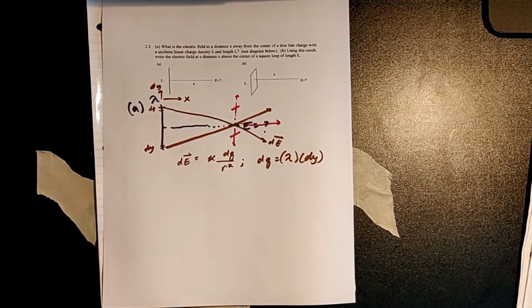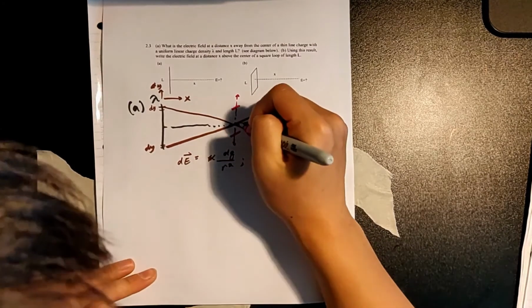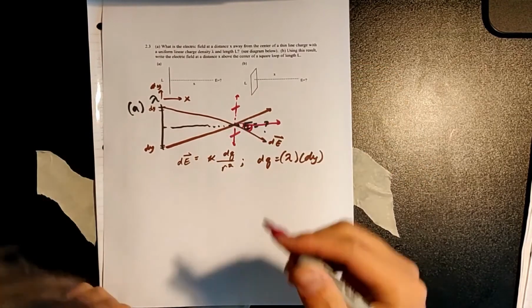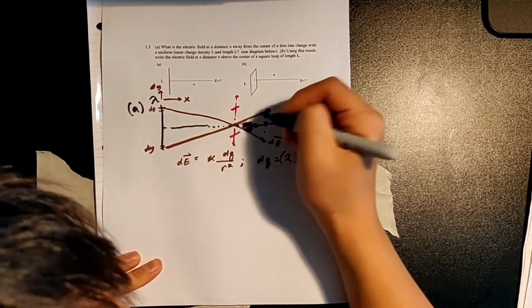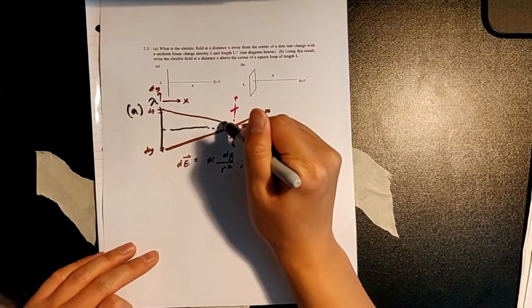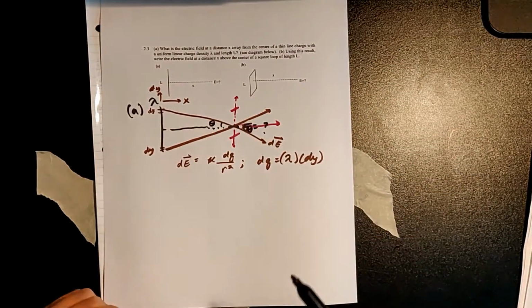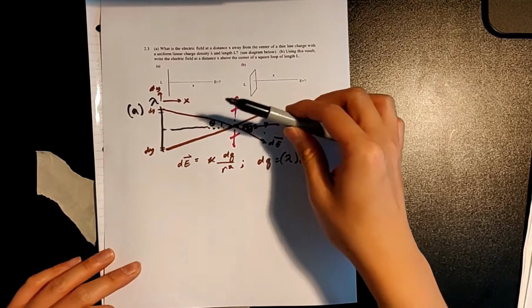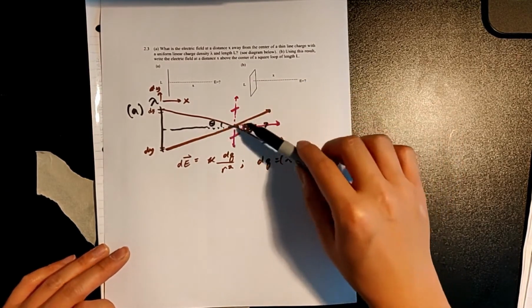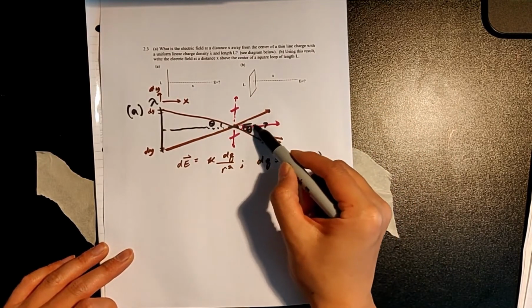So if I call this angle theta, sorry if that's hard to see, then this angle is theta also. But all that means is our x is going to be cosine, because theta is right here.